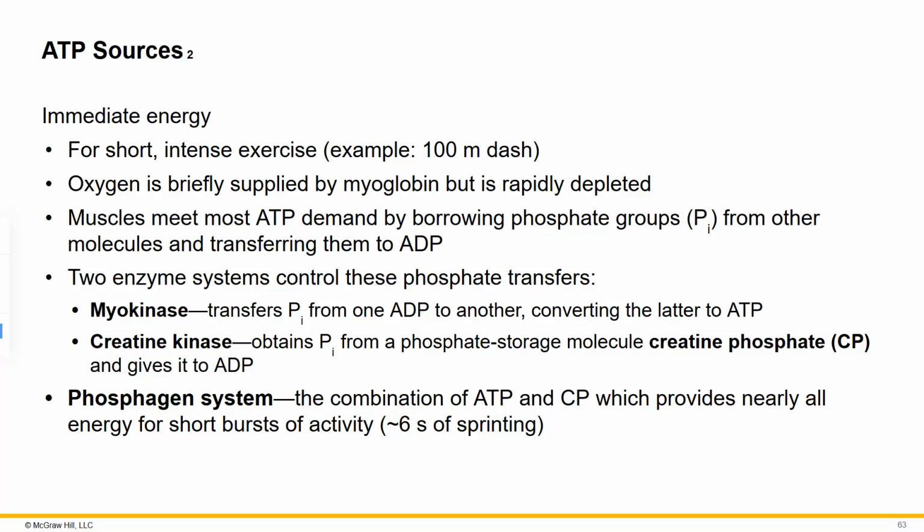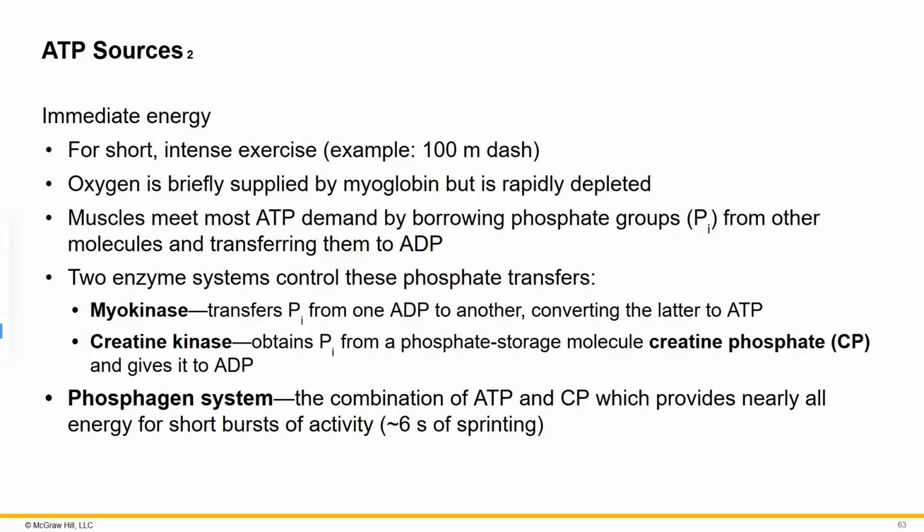Muscles meet most ATP demand by borrowing phosphate groups from other molecules and transferring them to ADP. There's two systems that control these phosphate transfers, the myokinase and creatine kinase. Myokinase transfers phosphate from one ADP to another, converting the latter to ATP. Creatine kinase obtains phosphate from a phosphate storage molecule called creatine phosphate, and it gives it to ATP.